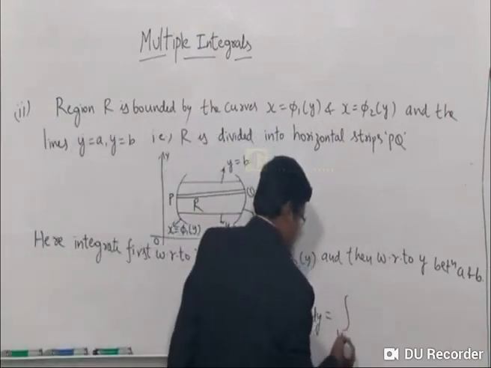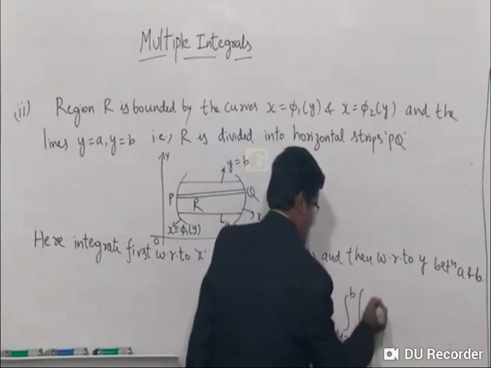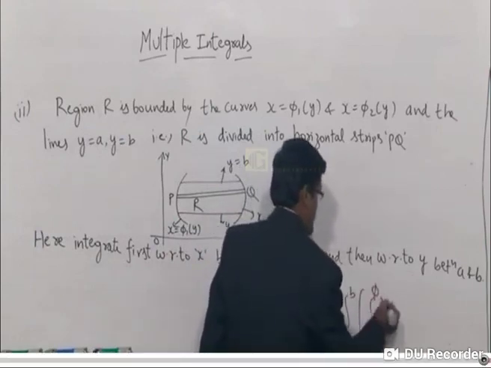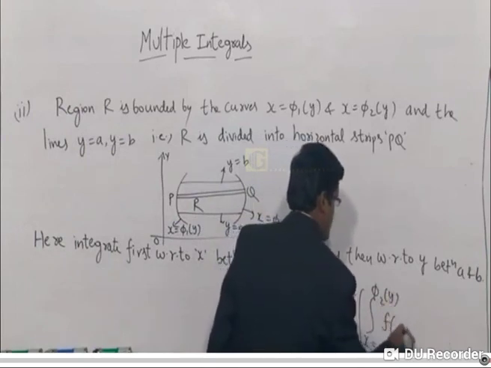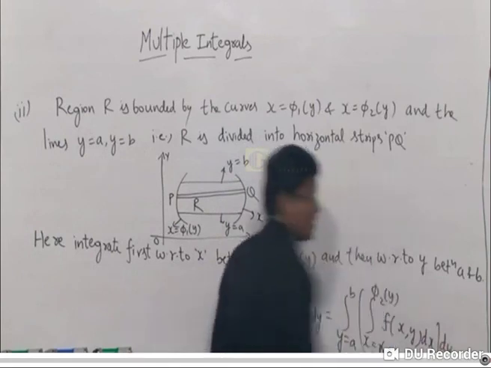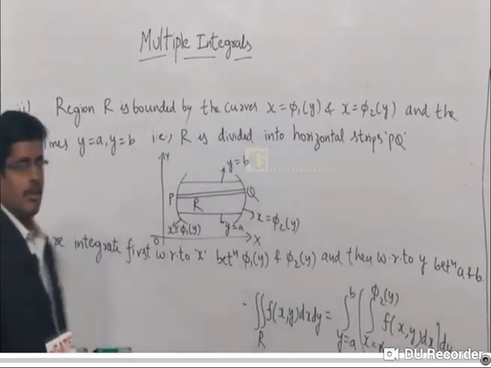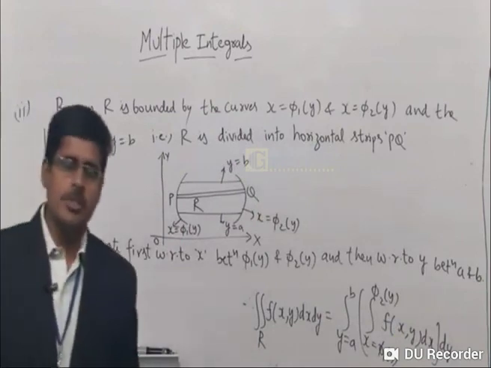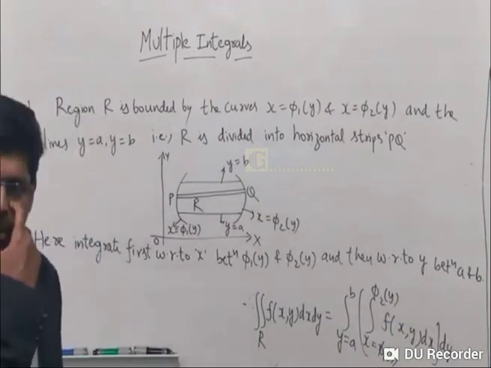In this case, y is equal to a to b, x is equal to phi 1 of y to phi 2 of y, f of x comma y, first dx and then dy. This is the way to evaluate. Always integrate first with respect to the variable having variable limits, and then with respect to the variable having constant limits. This is the order of preference of integration.